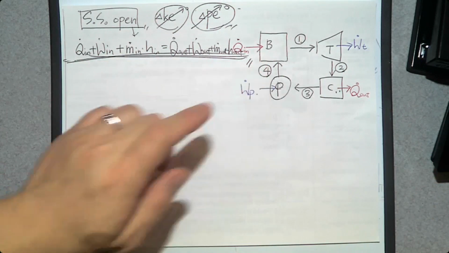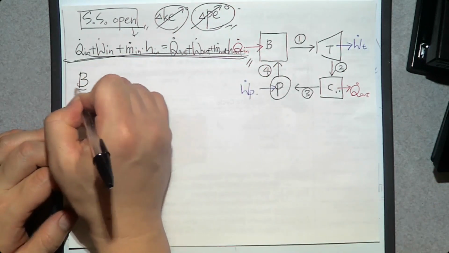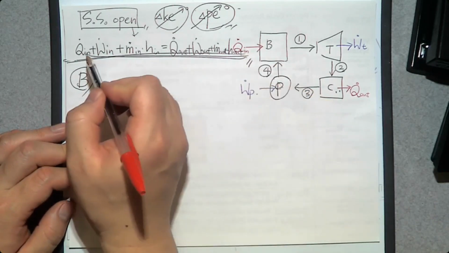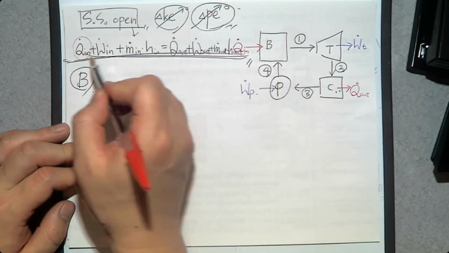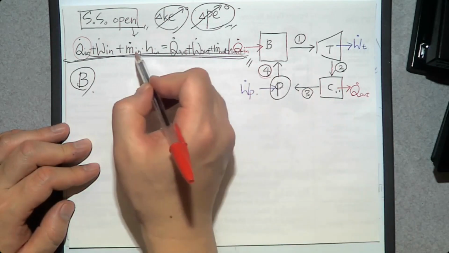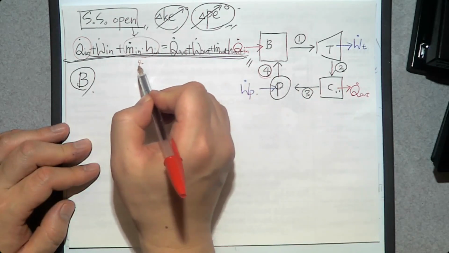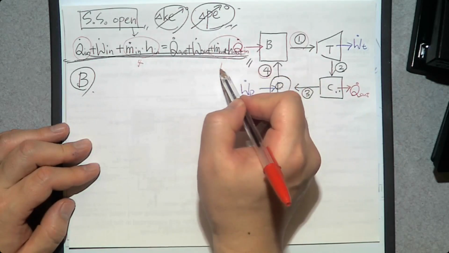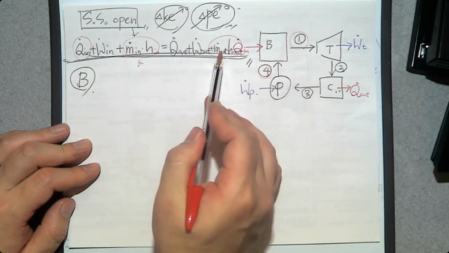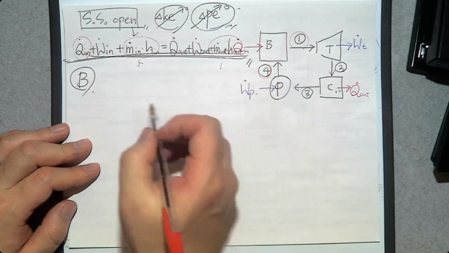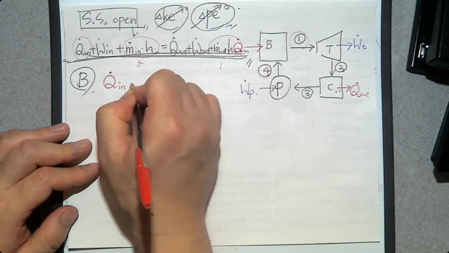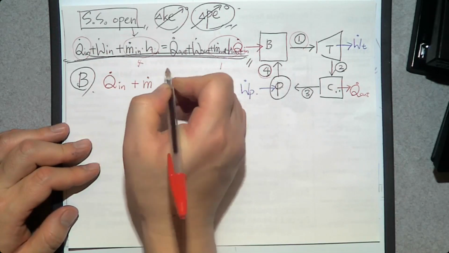Let's talk about this boiler first. This boiler has Q in, which is this one. The inlet is number 4. The exit is number 1. So we have 3 terms. So Q dot in plus M dot H4.